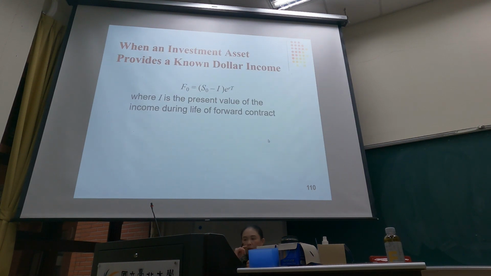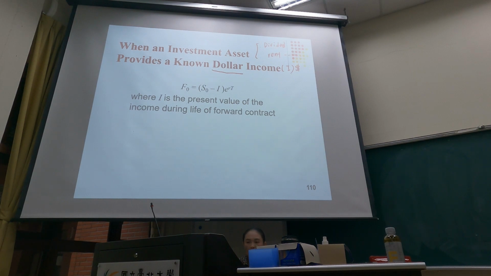Now, an investment asset provides a non-dollar income. So this, can you write I? This I is in dollar amount, and it could be, as I just mentioned, dividend payment, or the rent, etc. But pay attention, because S0 is the spot price today, your income needs to be the present value as well.